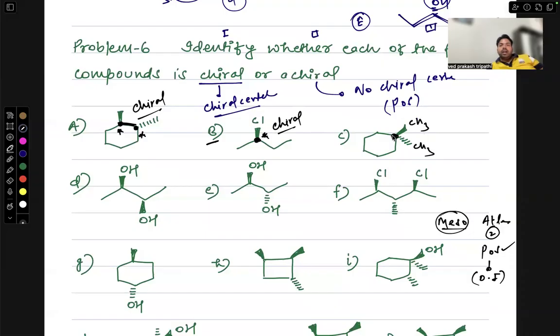So how can you say this carbon is chiral? If you don't have a chiral center, it means it would be achiral. So this is achiral. Why? Because there is a plane of symmetry. It can divide the molecule into equal halves like this. Okay, what about the D? How many chiral centers?